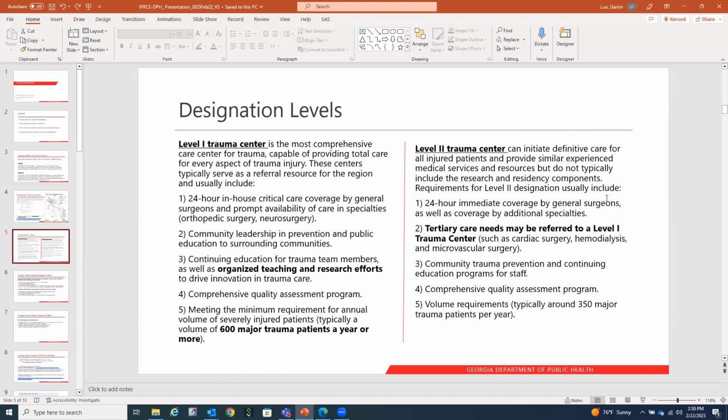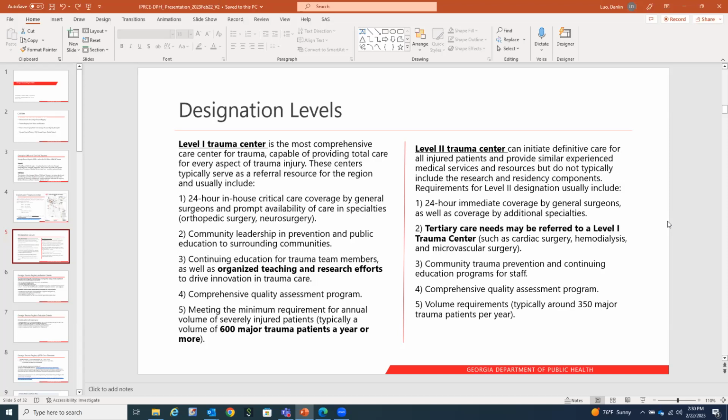A level 2 trauma center can initiate definitive care for all injured patients and provide similarly experienced medical services and resources, but does not typically include the research and residency components.